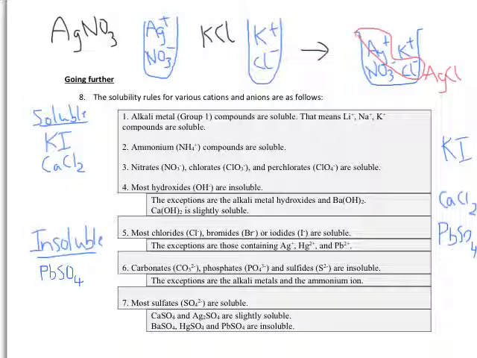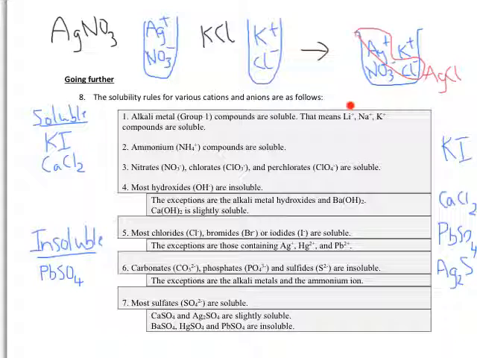Okay, let's have a look at silver sulfide. The formula for silver sulfide is Ag2S. Convince yourself of that by looking at the periodic table, and you'll see Ag is Ag+ and sulfur is 2-, so I need 2 Ags to balance out the S. And we can see here that this table tells us that sulfides are insoluble except for the alkali metals.